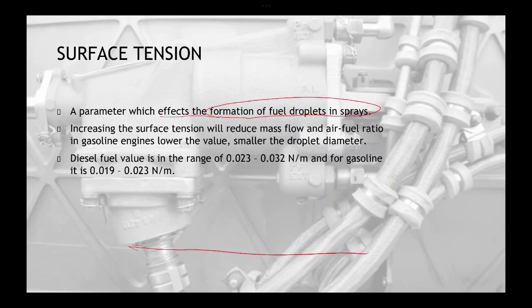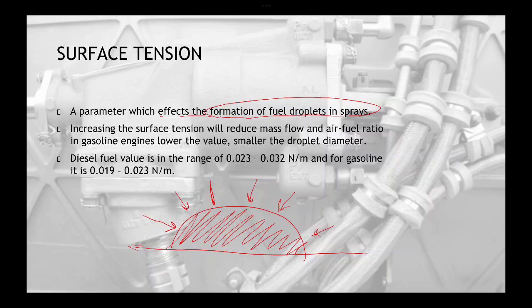For example, we have here the droplet, this is the liquid one. Surface tension is what you observe in these parts with the arrow. Ito siya, surface tension. The diesel fuel range for surface tension is 0.023 to 0.032 newton per meter, and for gasoline that's 0.019 to 0.023 newton per meter. That's the surface tension.